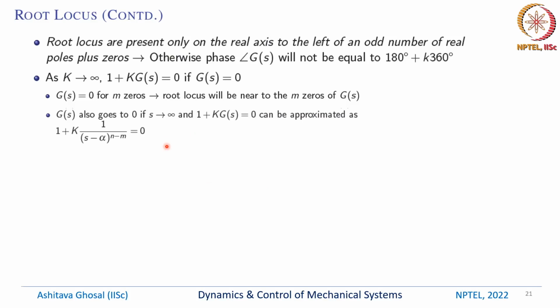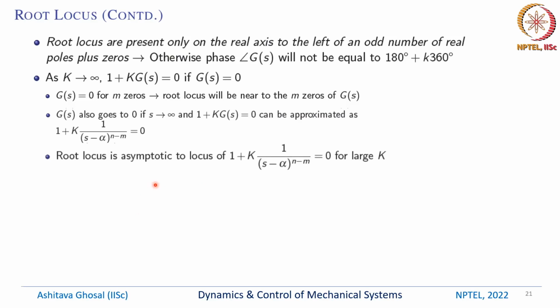So as k, or s, tends to infinity, 1 plus kg of s equal to 0 can be approximated like this. It is 1 plus k into 1 divided by s minus alpha to the power n minus m, because the m of them will sort of cancel out each other as s tends to infinity.